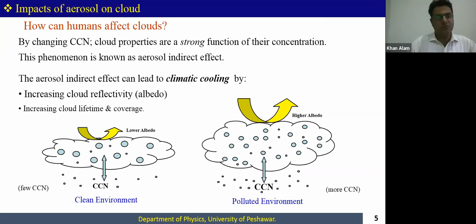If there are few droplet concentrations, the resultant cloud will be less reflective, or their albedo will be low. And if there are more droplet concentrations, a more polluted environment, there will be a high reflectivity of the solar radiation. So we have a cooler climate on the Earth's surface.